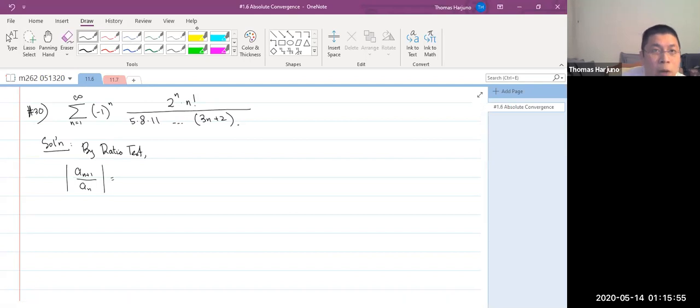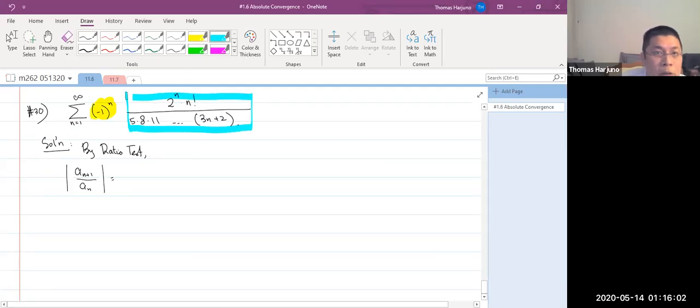all the terms are positive except the alternator, right? So I will just get rid of that absolute sign. I will omit the absolute sign, but at the same time, I don't use the alternator.